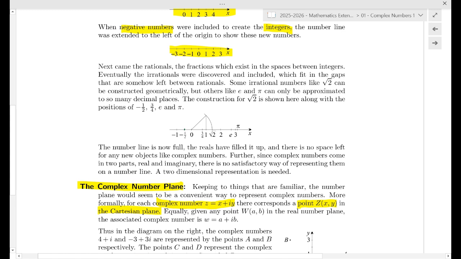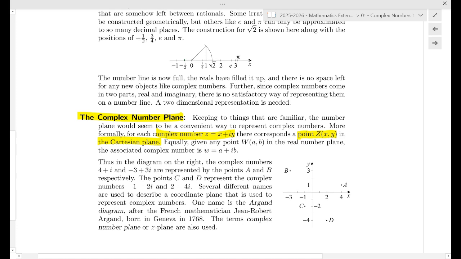We do it in the form of z equals x plus iy, where x is the real part and y is the imaginary part. Then we just plot it like we would a normal point, a normal coordinate. It doesn't have to be an x, it doesn't have to be a y. In fact, most of the time we won't refer to them as x and y. But that's kind of what they are.